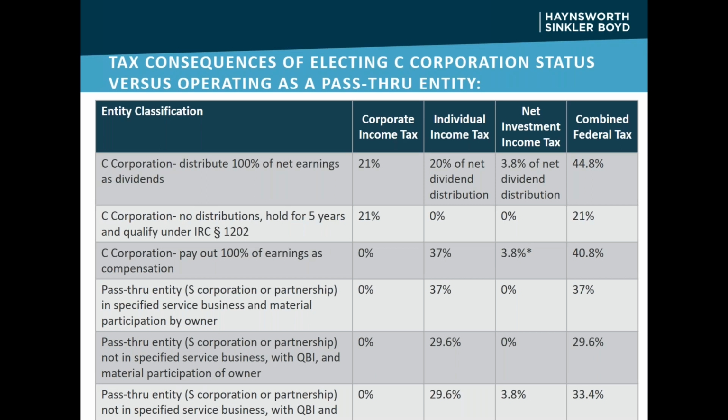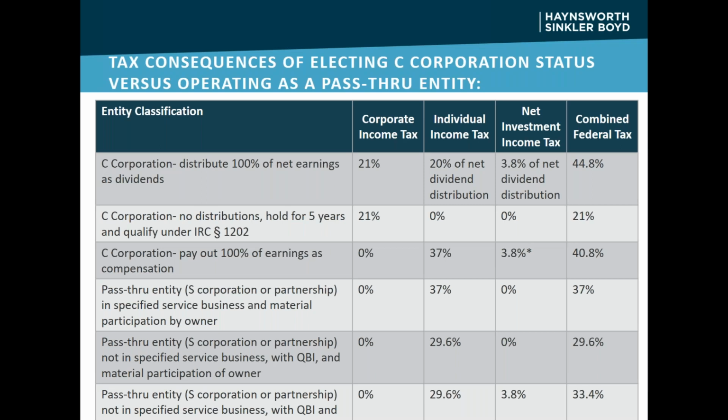Then if we're in a pass-through entity and not a specified service trade or business and have QBI, then the qualified business income deduction applies, so that reduces our tax rate to the 29.6% rate after you have that 20% reduction for QBI, and then we have material participation by the owner, so there is no net investment income tax, and the combined federal rate is the 29.6% rate.